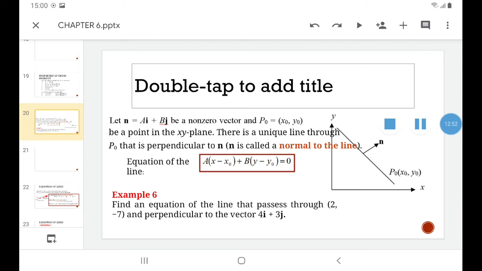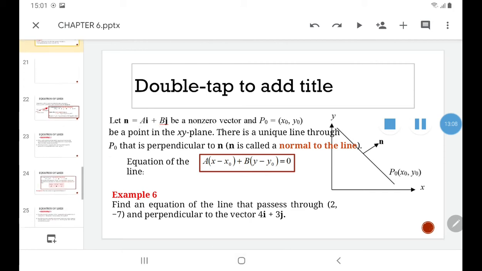So this is the equation of the line. Okay, again, this is the point x0, y0, the point given in the question, and a and b is the vector ai and bj.